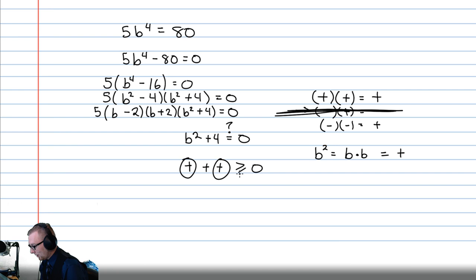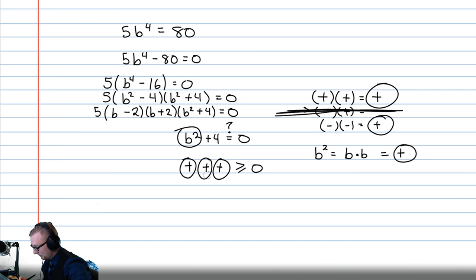Again, b squared is positive and always positive, right? Yes. And if you add another number to it that is also positive, then the number you get has to be bigger than or equal to 0.